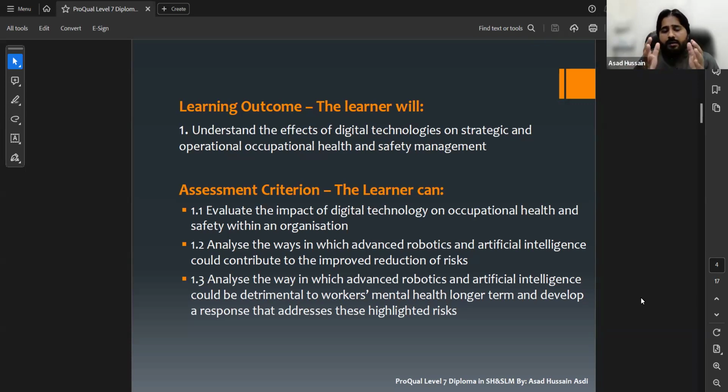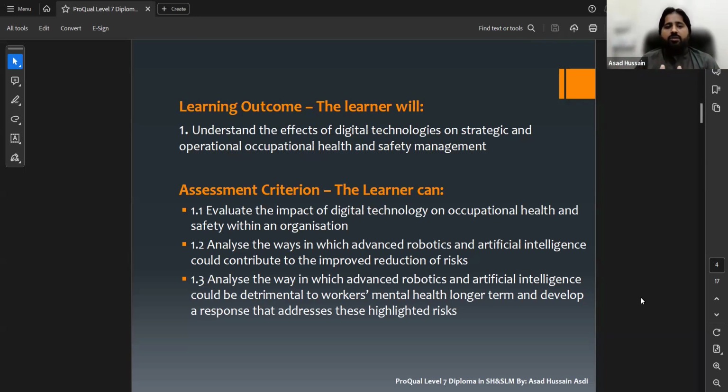So this 1.3 assessment criteria demands from you as a learner, as a candidate, that you have to analyze the role of advanced robotics and artificial intelligence when it comes to workers' mental health, longer term, and develop a response that addresses these highlighted risks.